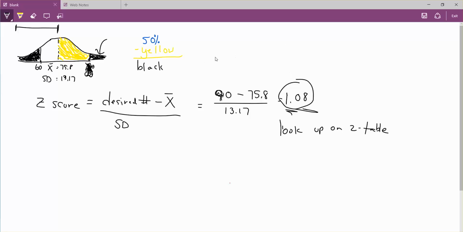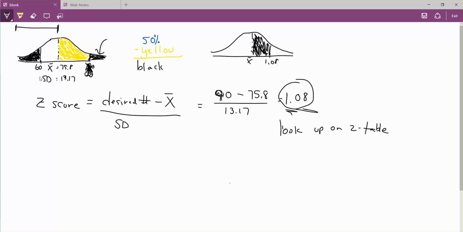And what that really meant was, so here's my x bar. What I really was finding here was what proportion of my normal distribution lies between the mean and 1.08 standard deviations to the right of the mean. That's what I was really finding.